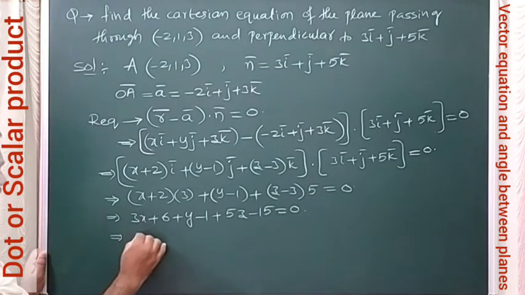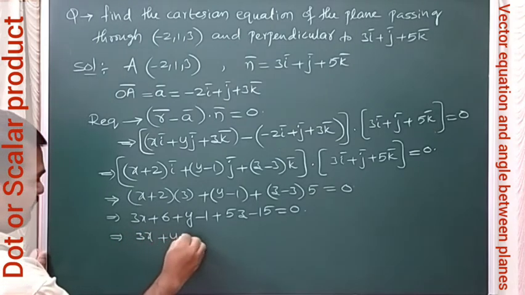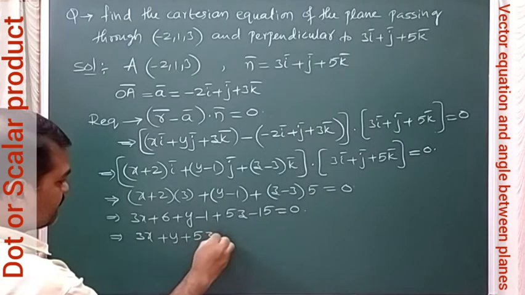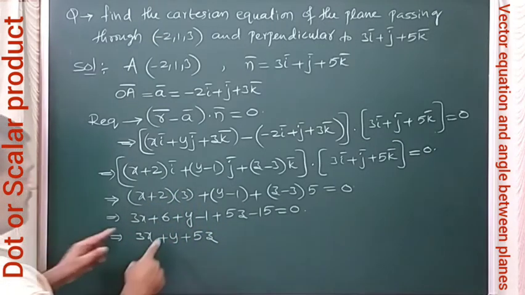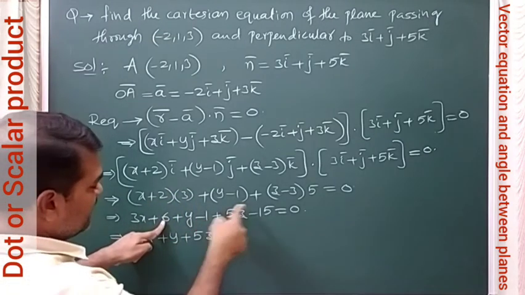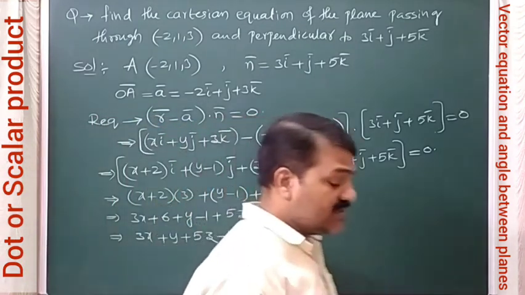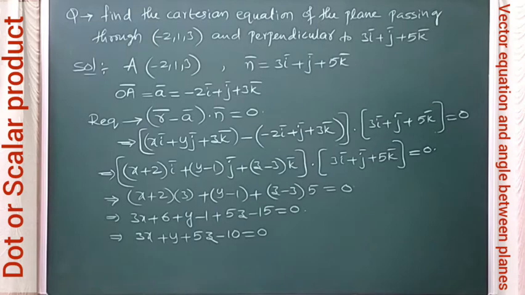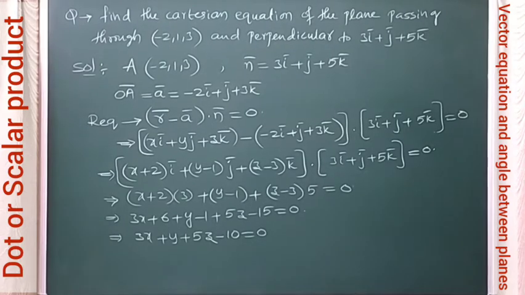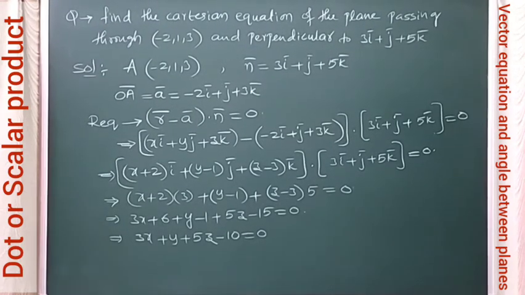So if you put in order, 3x plus y plus 5z, 6 minus 1 plus 5 minus 15, that is minus 10, is equal to 0. So this is the Cartesian form of the equation of the plane which is passing through a point and perpendicular to a vector.